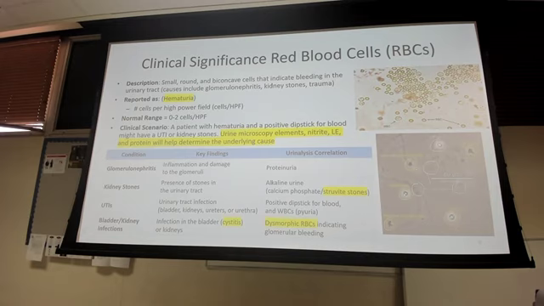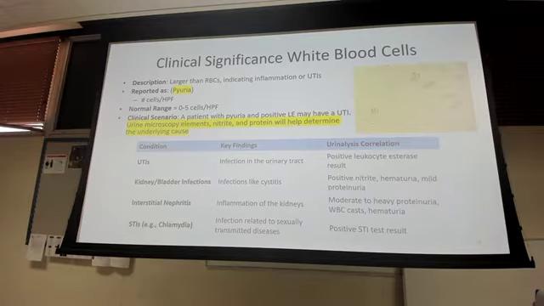UTIs on there again, okay? Woo, UTIs. All right, so white blood cells, they're reported as pyuria, okay? Normal range is 0 to 5 cells per high power field. If you see anything greater than that, then we are looking at some type of infection, UTIs, kidney or bladder infections, interstitial nephritis, or STIs.